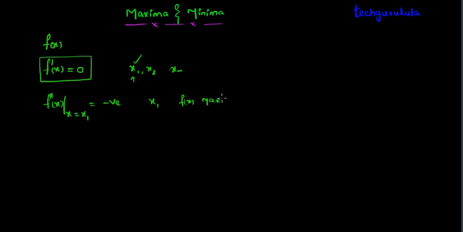To be specific, you should call it a local maximum. And if you substitute x equals x2 and get a positive value of the double differentiation, then for x2, f of x will have a local minimum.